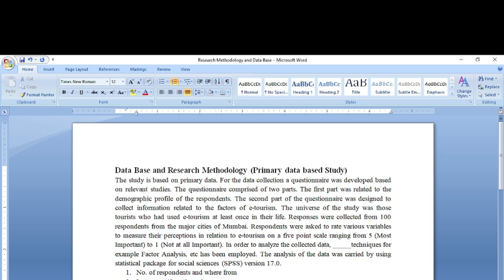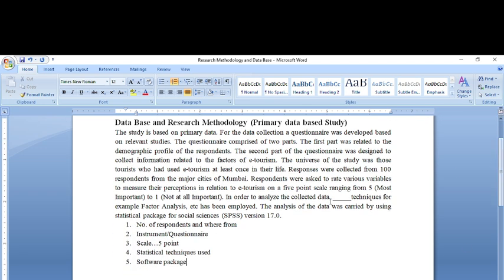So these are the elements of database and research methodology that need to be incorporated.